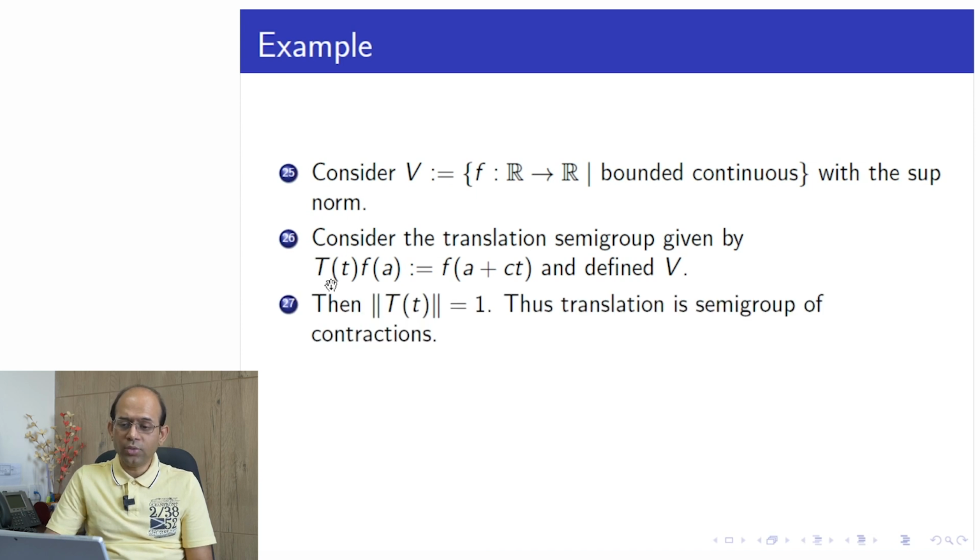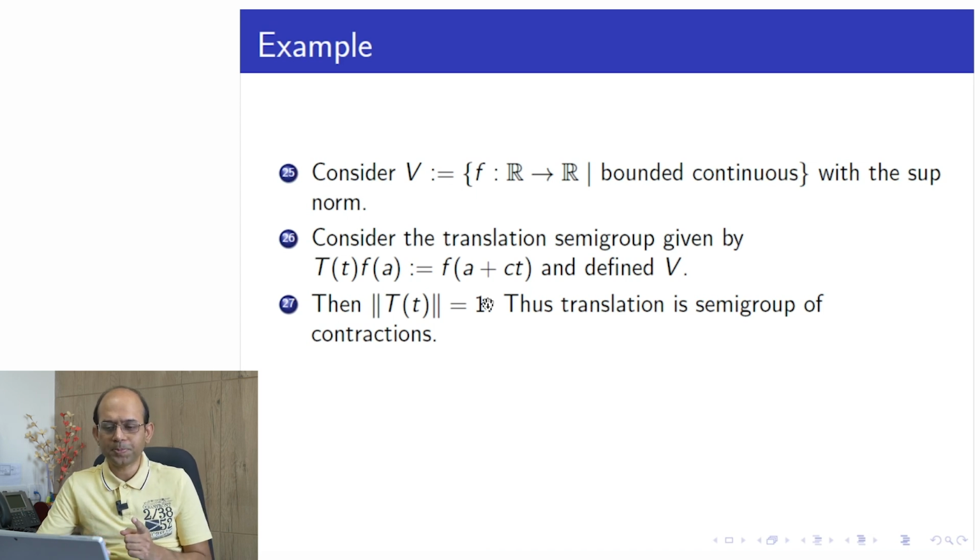Then for this particular semigroup, we can ask: is it a contraction? Yes, it is. We can show that norm of T(t) is equal to 1. How do you show that? We consider f with norm of f equal to 1, like the unit sphere of this V, where the supremum of f is equal to 1.